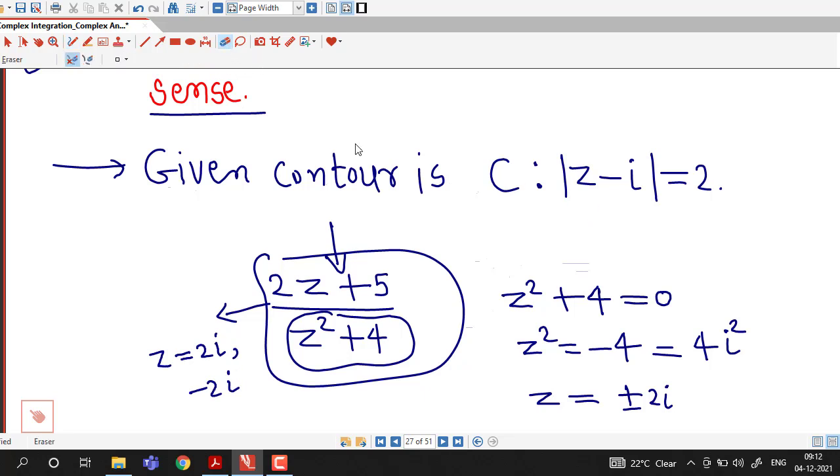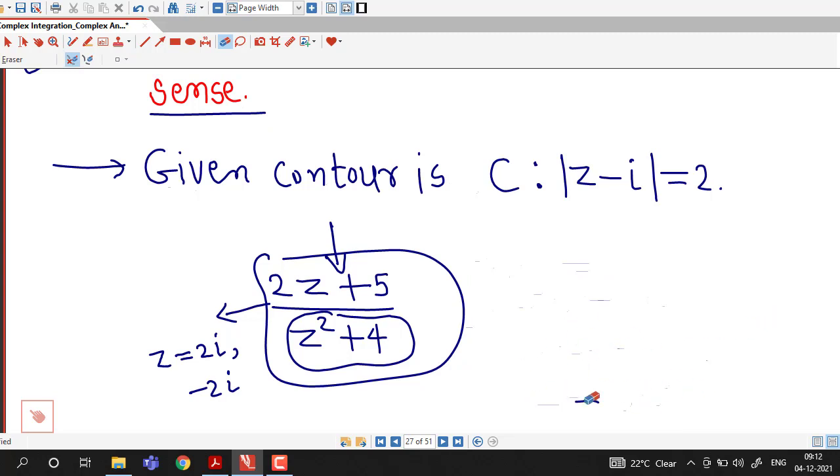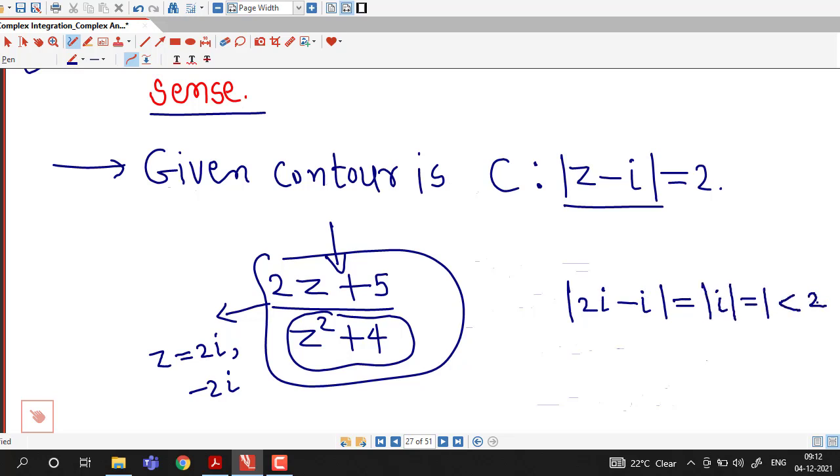Now if we put z = 2i in the equation of the circle, I have |2i − i|, that is the absolute value of i, which is 1, and it is less than 2. So z = 2i is inside this circle.